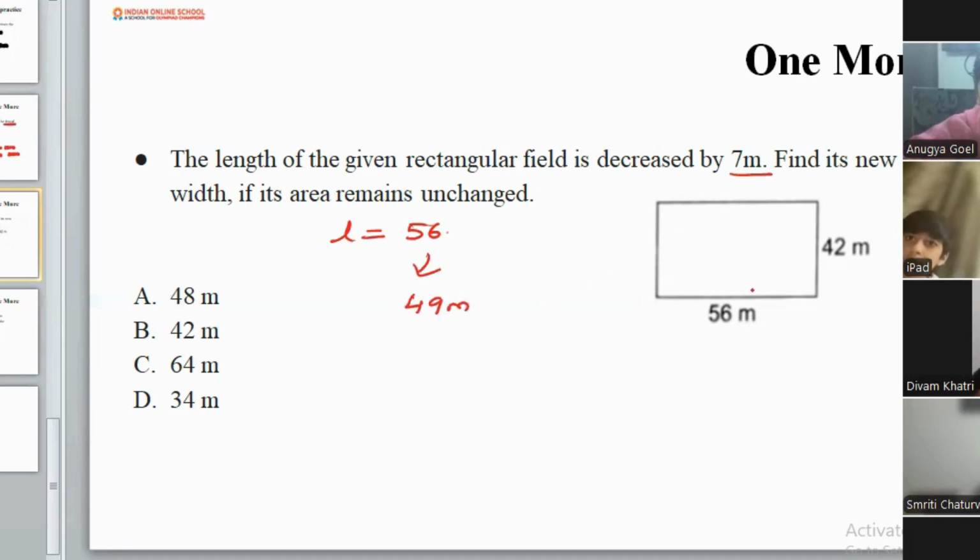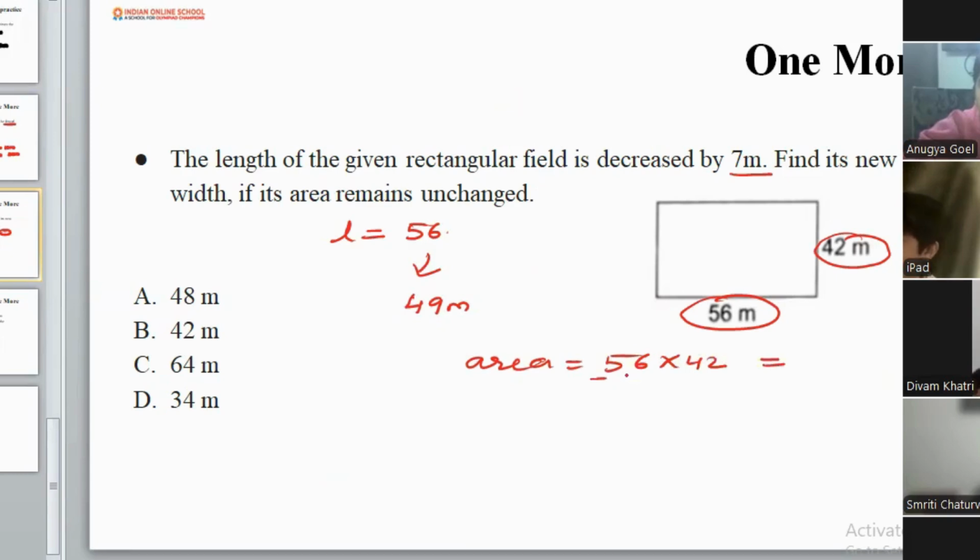Now just tell me, if we do not reduce the length and the breadth remains the same, then what is the area? If they are 56 and 42, what would be the area? 56 times 42. Do it, everybody. 2352 meter square.